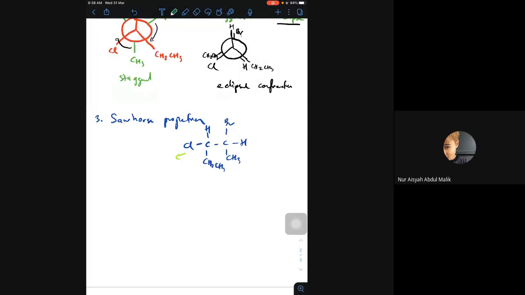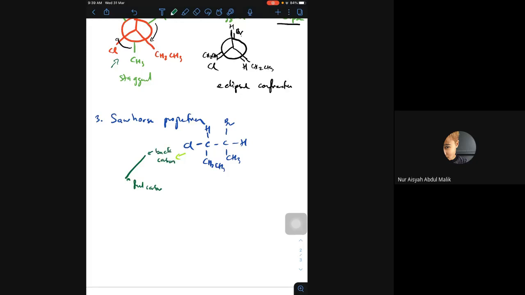In the Sawhorse projection, the first step is to draw a line, but the line must be at a slight angle like this. Draw a line at an angle, and then same as in the Newman projection, this would be considered the front carbon, and this would be considered the back carbon.